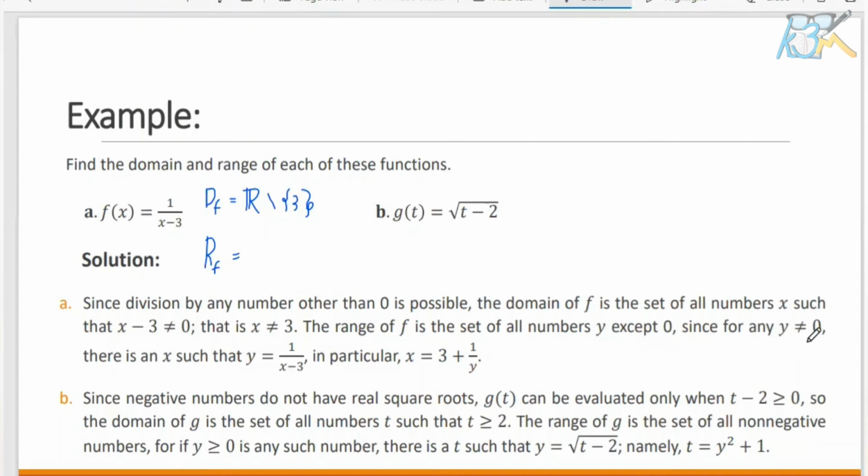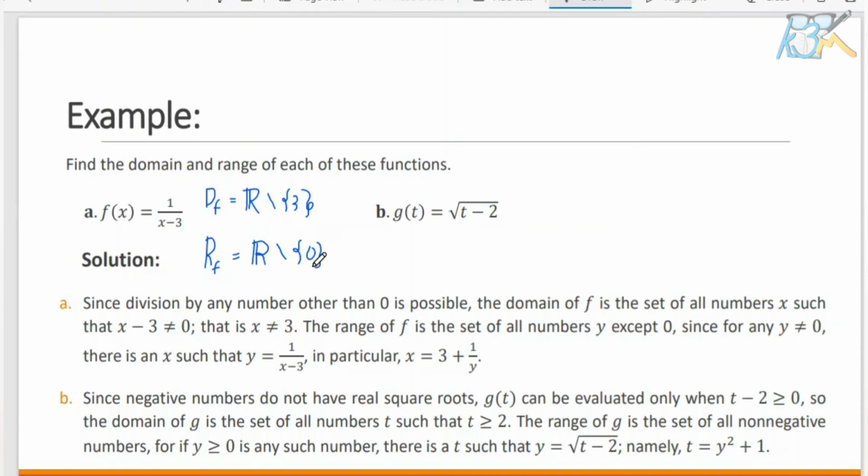So the range in letter A is all the numbers except 0, because 1 divided by 0 is undefined. So our range is all real numbers except 0. 0 is not included.